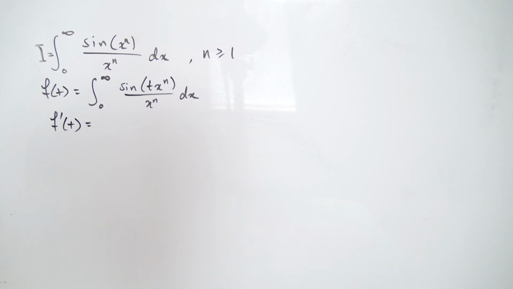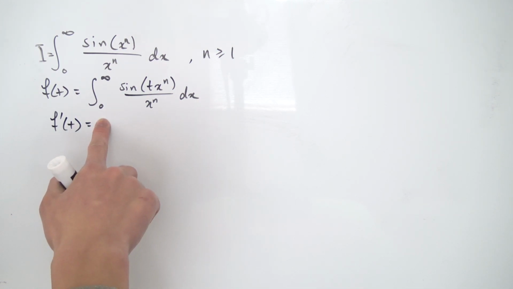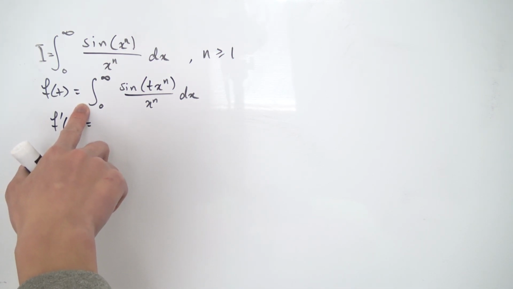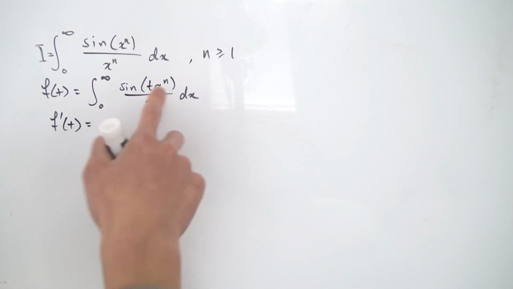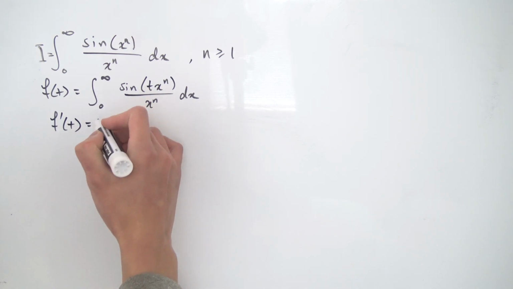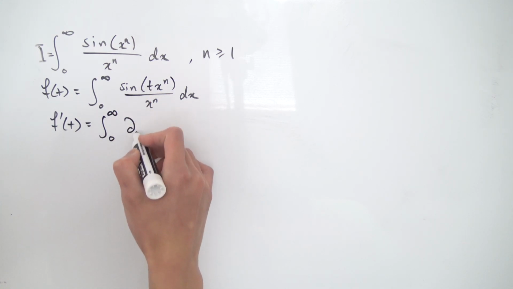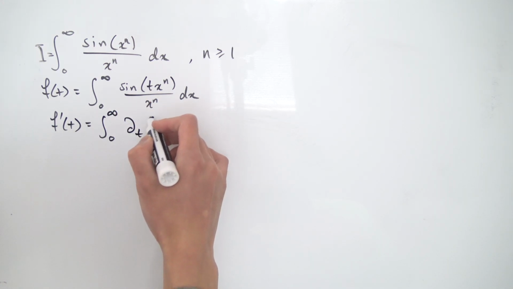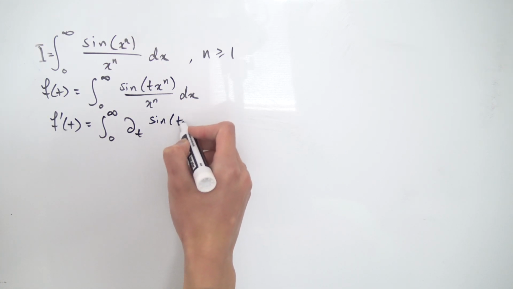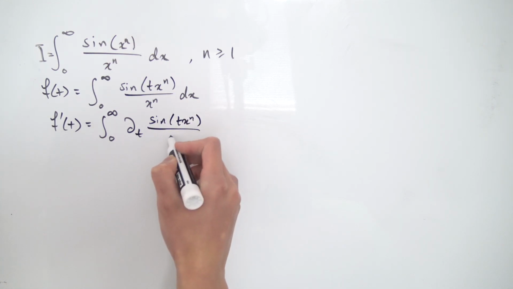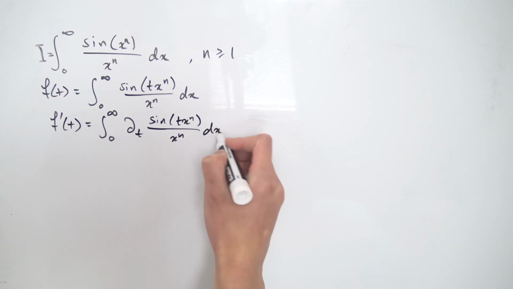Using Leibniz rule for differentiating under the integral sign, we bring the differential operator inside of the integral as a partial derivative. So now we have the integral from 0 to infinity of the partial derivative with respect to t of sin(t x^n) over x^n dx.